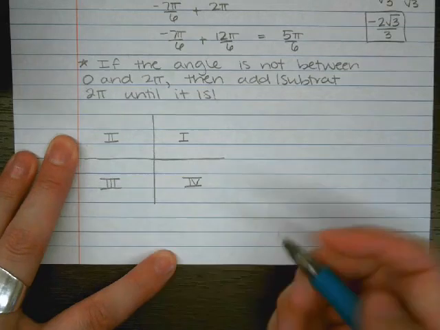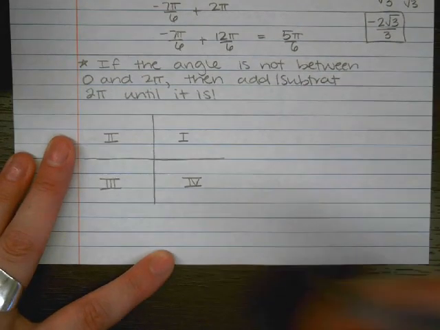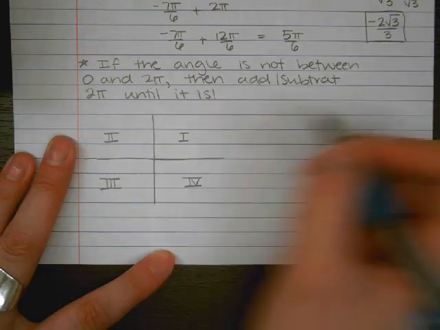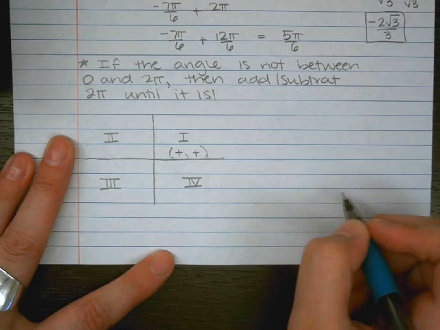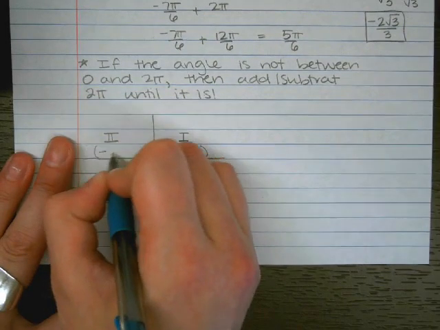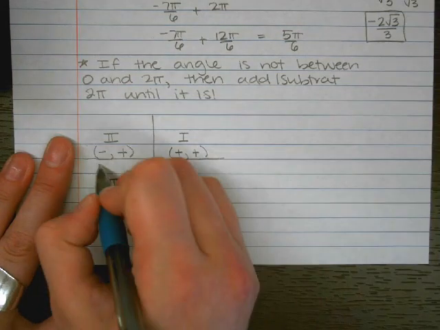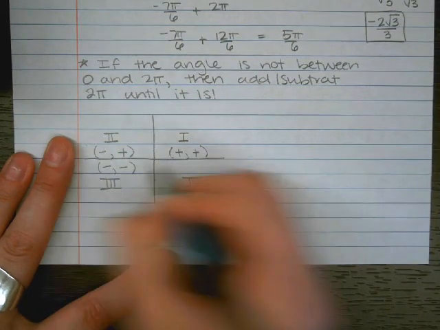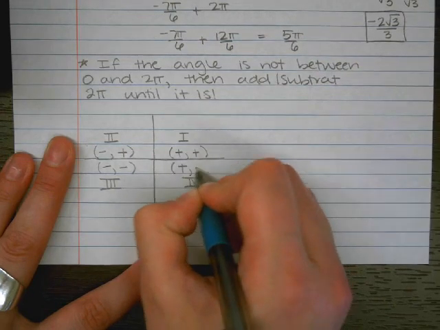And then I want to think about which coordinates, the x or the y, are positive and negative. So in the first quadrant, we have positive for x, positive for y. In the second quadrant, negative for x, positive for y. In the third quadrant, negative for x, negative for y. And in the fourth quadrant, we have positive for x, negative for y.